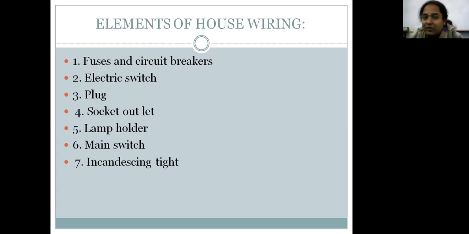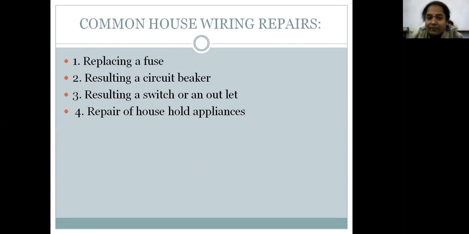So elements of house wiring: fuse and circuit breakers, electric switch, plug, socket, outlet, lamp holder, main switch, and instant tie. Okay, common house wiring repairs: replacing a fuse, resetting a circuit breaker, replacing a switch or an outlet, repair of household appliances. You should be able to do all this after our house wiring.